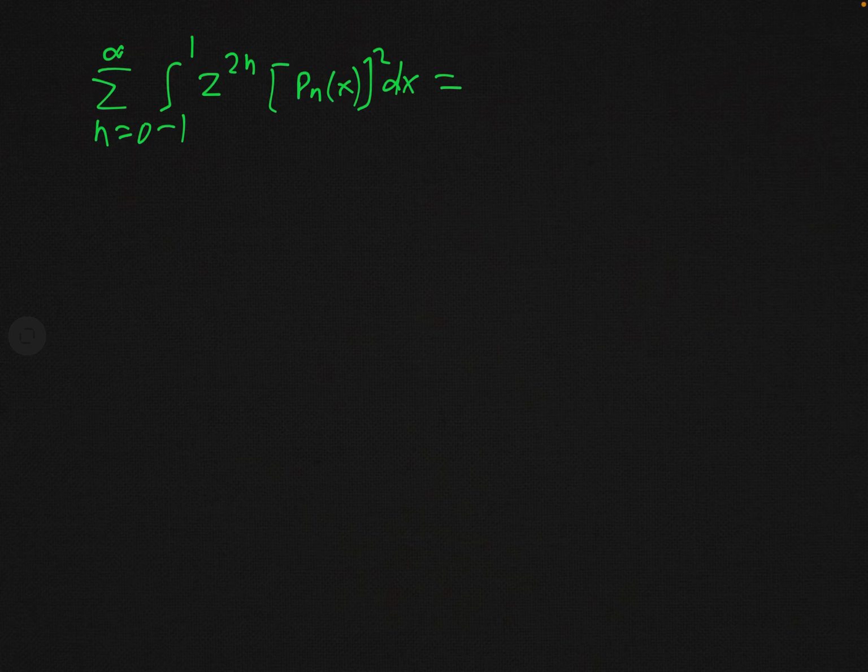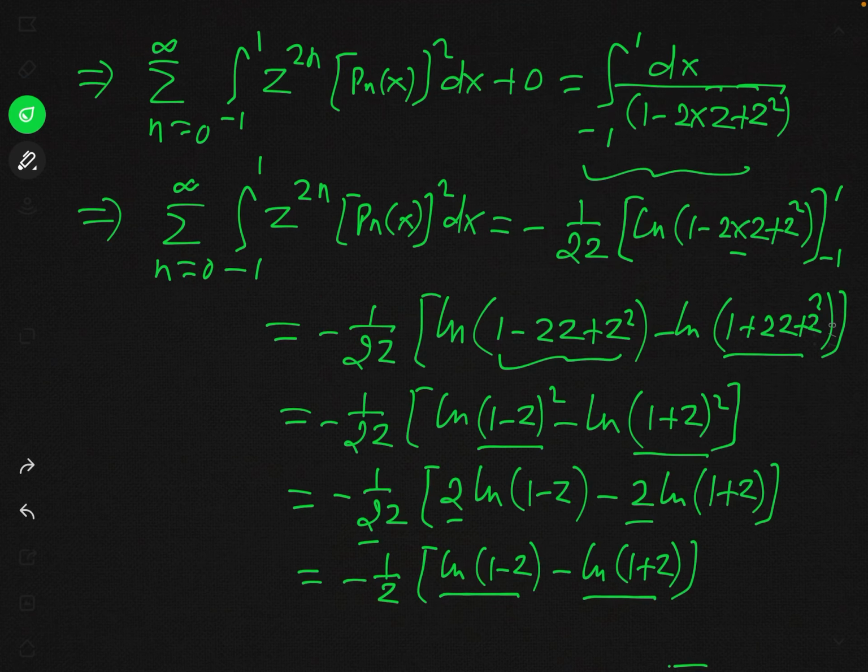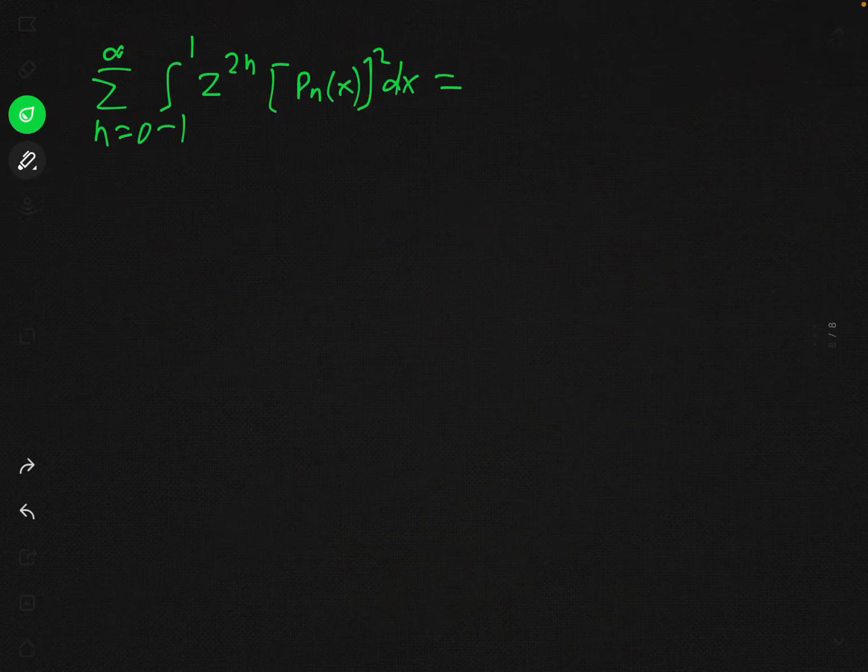And what will be the expression in the RHS? As I have told you, you should introduce this minus sign inside the bracket, so this negative term will become positive and this positive term will become negative. So our result will be simply 1 over z into ln of 1 plus z minus ln of 1 minus z.